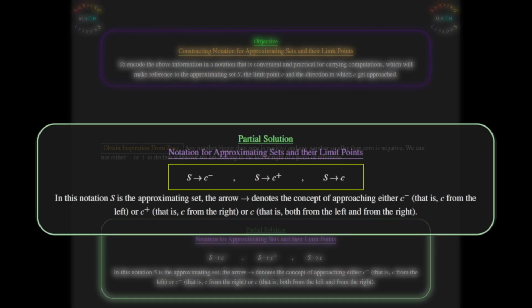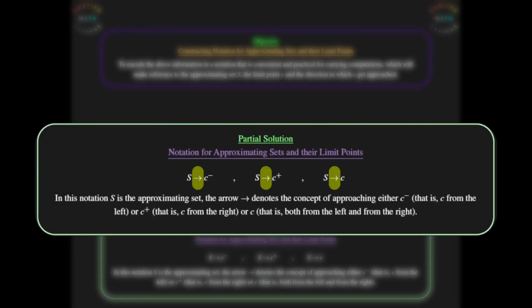Here, S is the approximating set and C is the limit point. An arrow is then used to denote that the approximating set S approaches the limit point C. A superscript on the limit point of plus or minus is then used to indicate the direction of approximation.